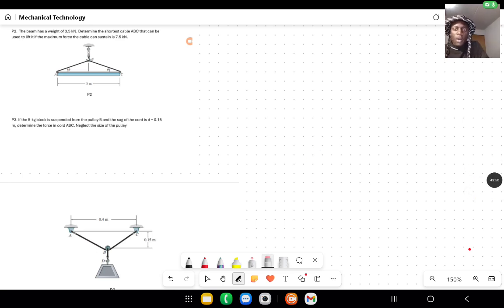Now our free body diagram will be like this. You know guys, always draw your free body diagram, and a free body diagram is represented by a dot.